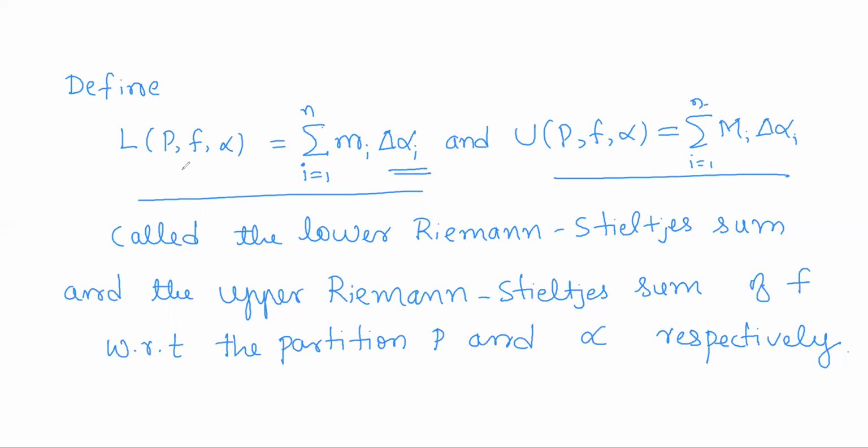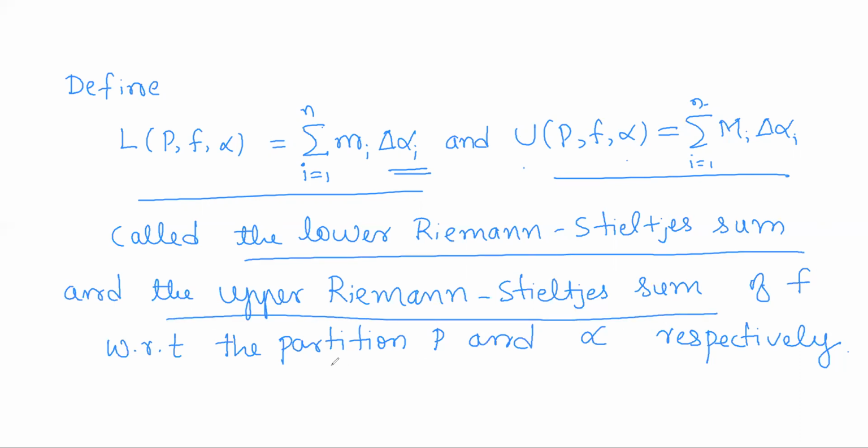Here L(P, f, alpha) and U(P, f, alpha) are called the lower Riemann-Stieltjes sum and the upper Riemann-Stieltjes sum of f with respect to the partition P and alpha respectively.